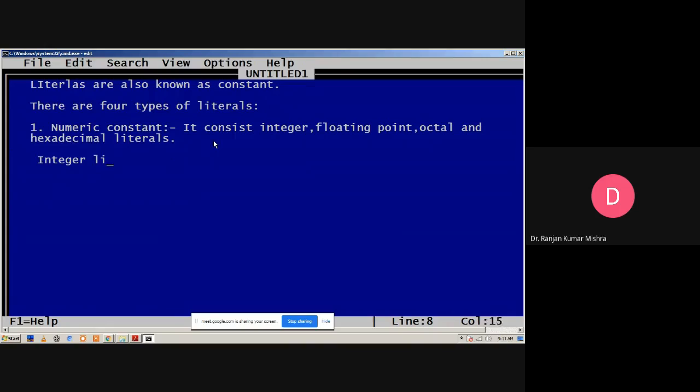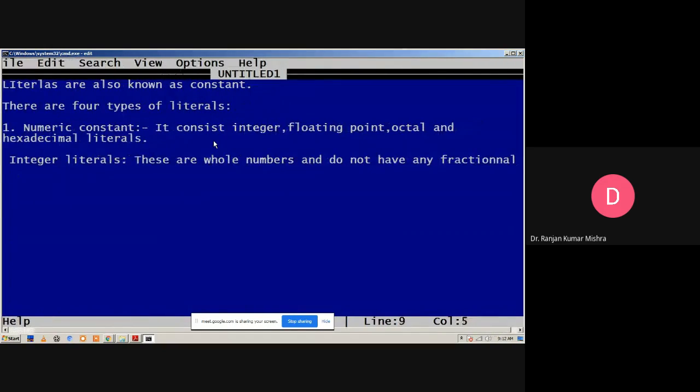Integer literals are whole numbers and do not have any fractional or decimal part.